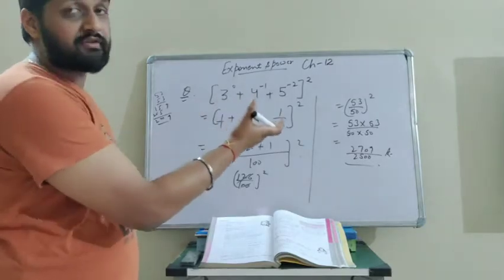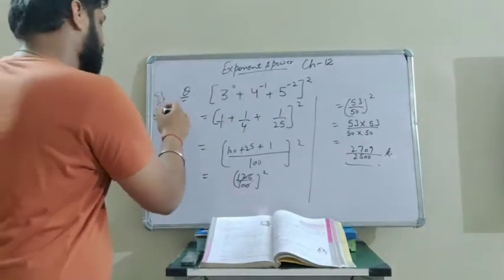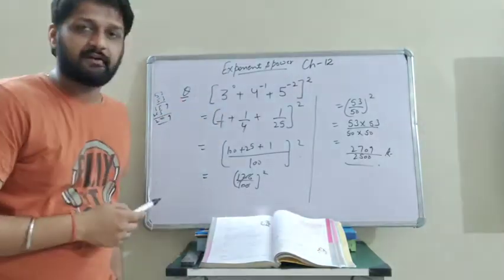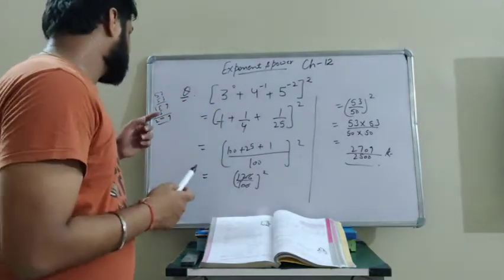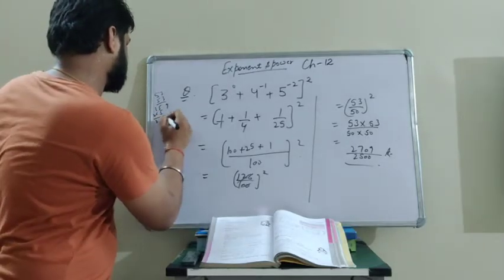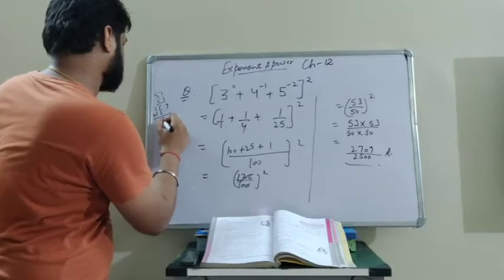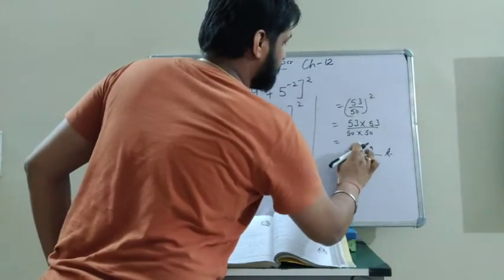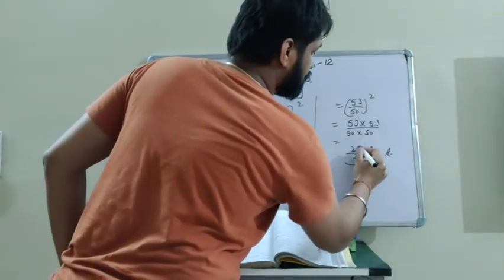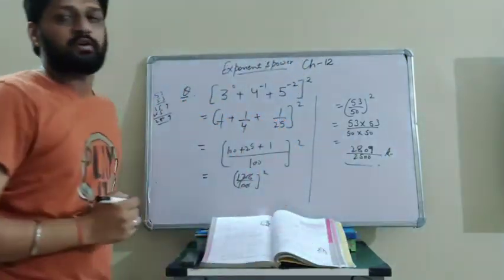So how did we find the square of 53? 53 multiplied by 53. It is 2809. Corrected, it's 2809. 2809 is the square of 53.